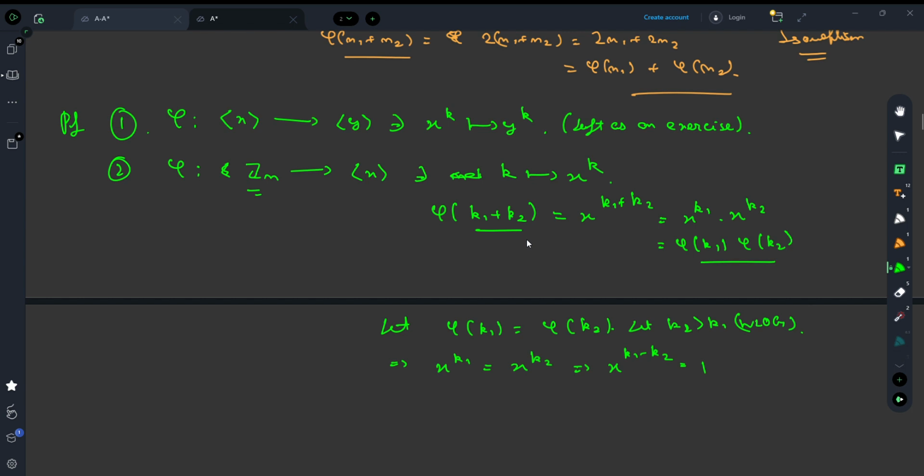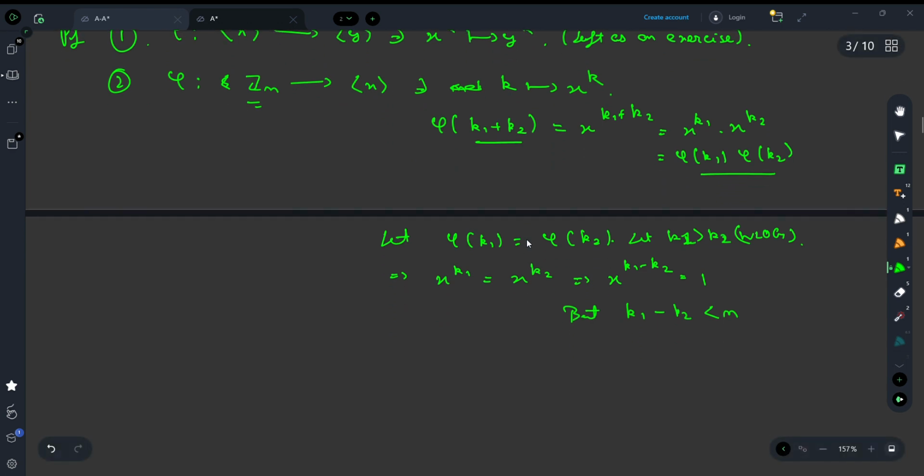But k1 minus k2 is a positive integer less than n, right? n is given to be the order of x, so there cannot exist a positive integer smaller than n such that this happens. Indeed k1 minus k2 is less than n, provided both k1 and k2 come from Zn.